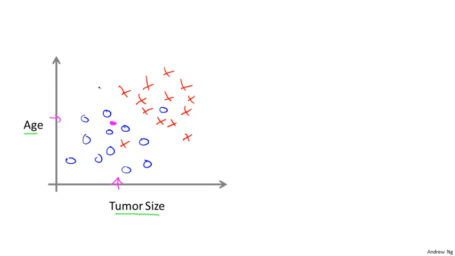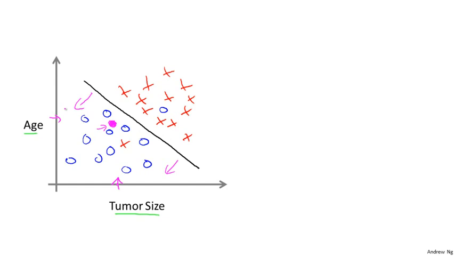And so the learning algorithm may decide to fit a straight line like that to separate out the two classes of tumors. And, with this, hopefully the learning algorithm will say that your friend's tumor falls on this benign side and is therefore more likely to be benign than malignant.